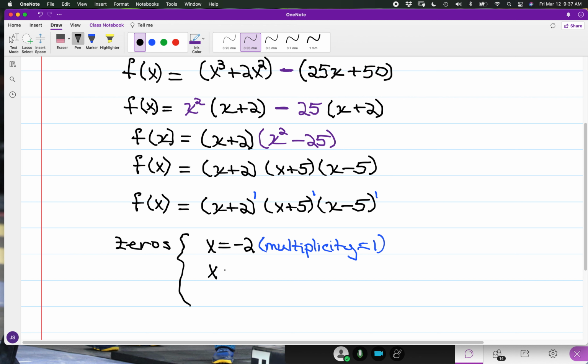And from x plus 5, we have x is equal to negative 5. Because that factor is raised to the first power, the multiplicity is also equal to 1.